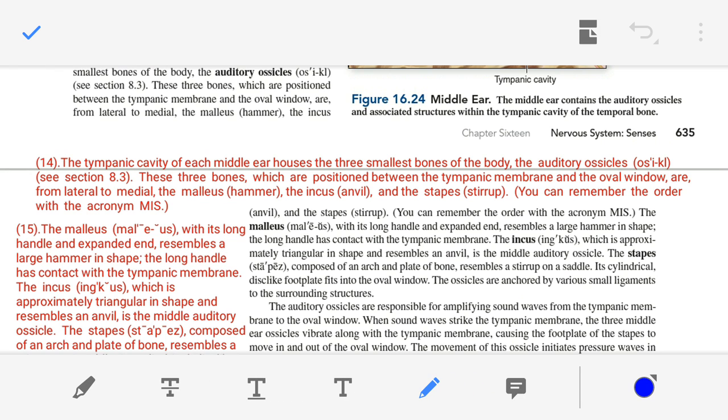And the names of the auditory ossicles, from lateral to medial, are malleus, also known as hammer, then incus, also known as anvil, and stapes, stirrup.